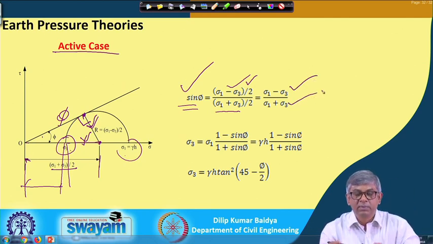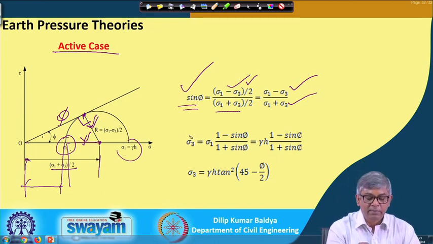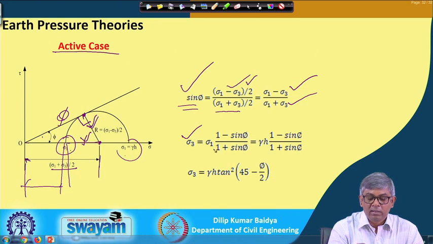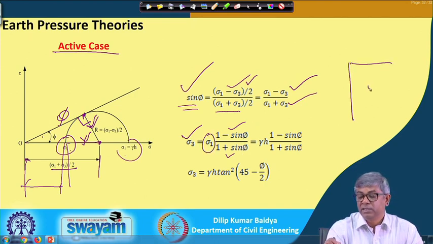Now, if you further simplify, sigma 3 becomes sigma 1 multiplied by 1 minus sin phi by 1 plus sin phi. When there is a wall here and we consider an element at depth h, this sigma 1 is nothing but gamma times h.